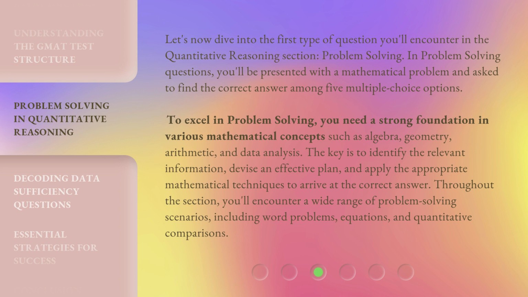The key is to identify the relevant information, devise an effective plan, and apply the appropriate mathematical techniques to arrive at the correct answer. Throughout the section, you'll encounter a wide range of problem-solving scenarios, including word problems, equations, and quantitative comparisons.